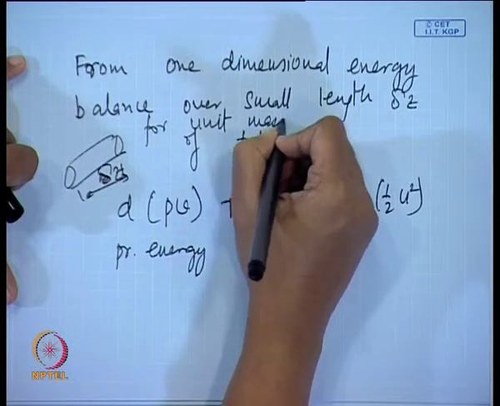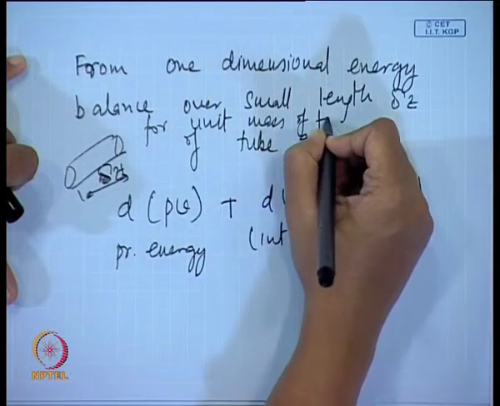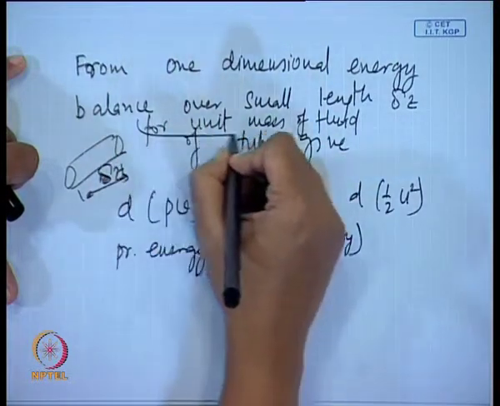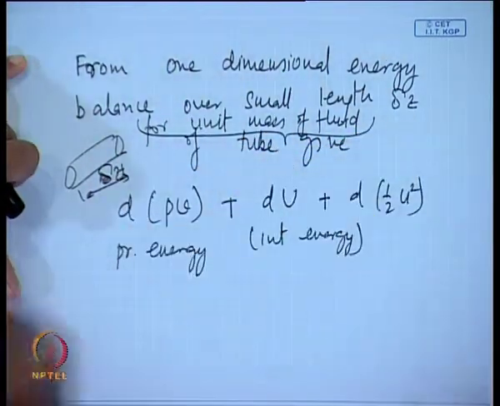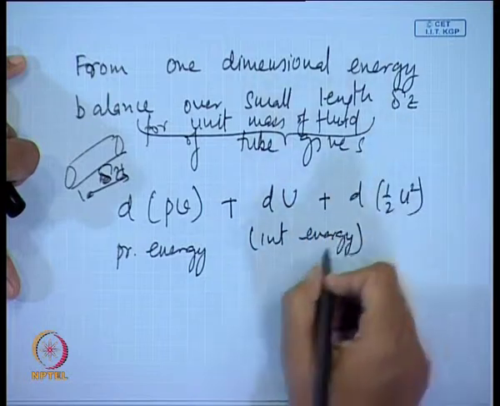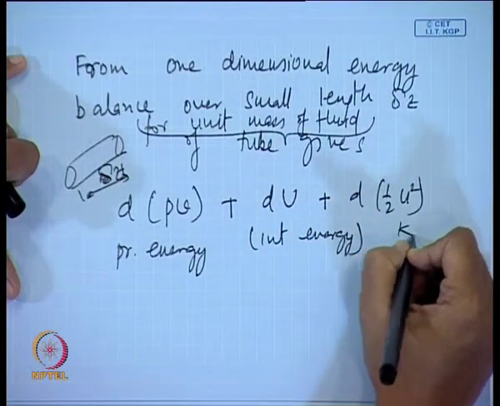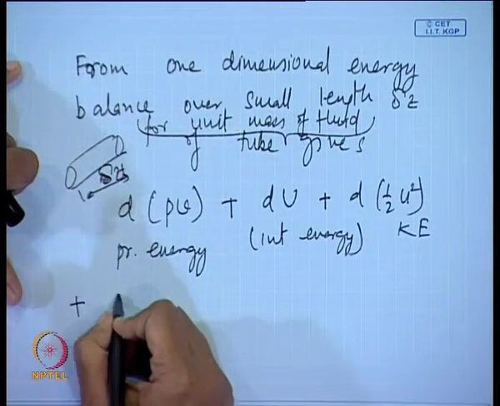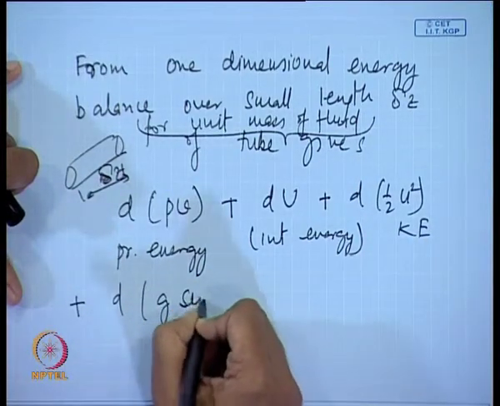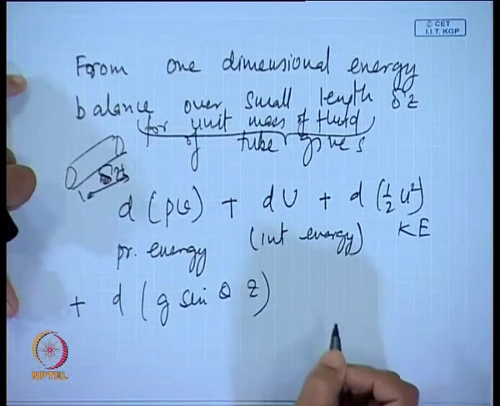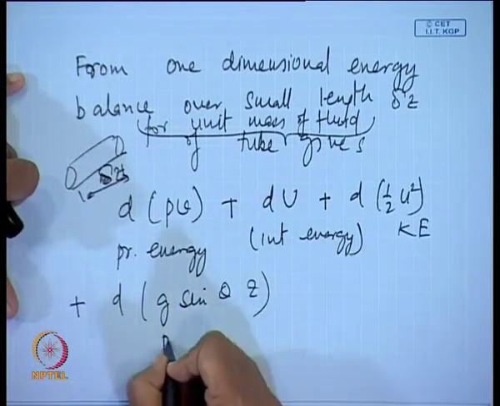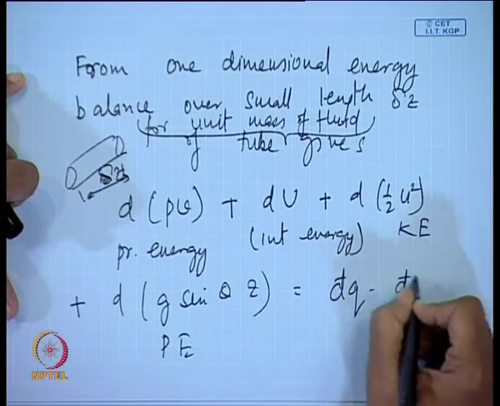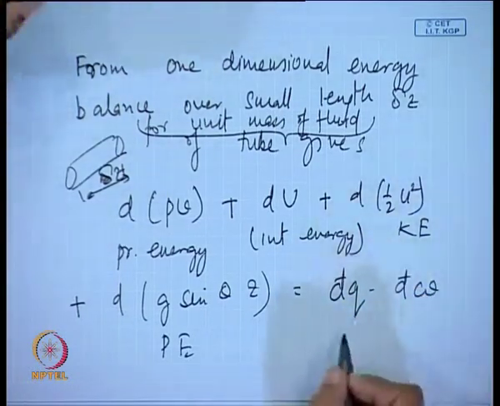Let me mention it. Of tube, this should be here. For unit mass of fluid, this gives this thing. Internal energy, then this is nothing but kinetic energy, and we have the potential energy. Okay. This is equal to dq minus dw.